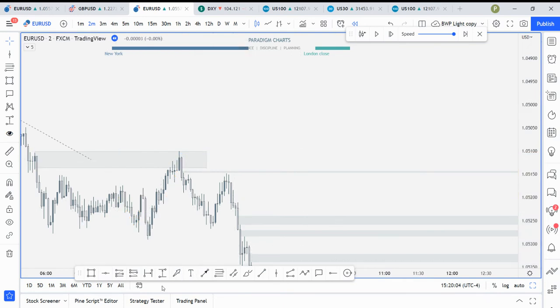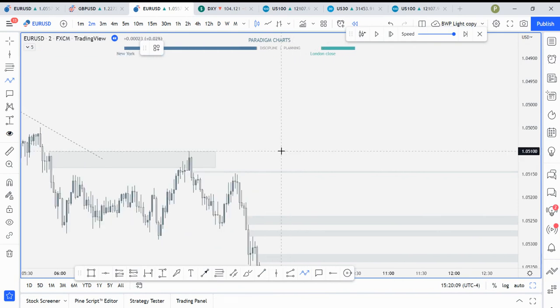Breakers are formed when, assuming price forms a swing high, breaks the swing high. There is also a liquidity sweep, an obvious liquidity sweep, especially when you have equal highs and all of that.